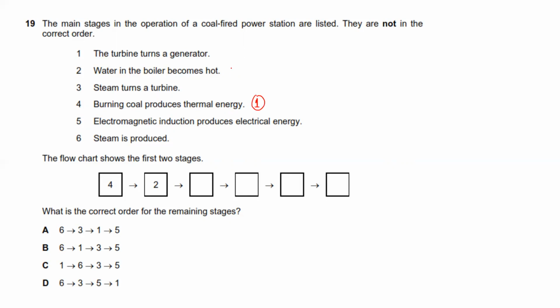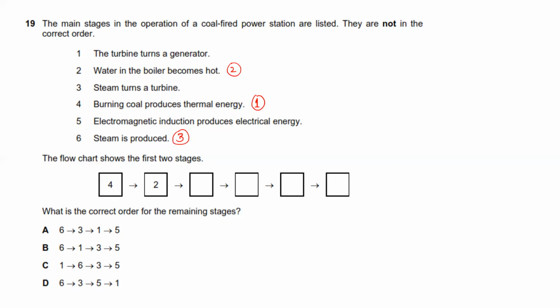Number 2 is water in the boiler becomes hot. Then steam is produced. That is your third choice.